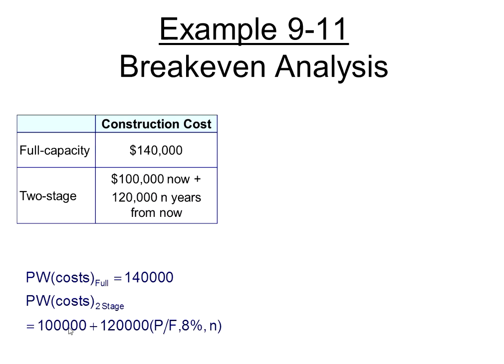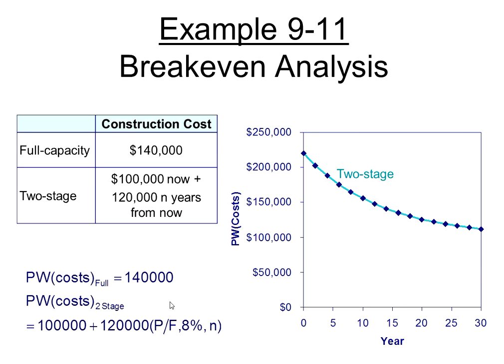This is a future amount, so we want to find its present worth equivalent: P, this is F, so we multiply it by the discount factor (P/F, 8%, N). Then we can solve this equation, right? Equate the present worth of full with the present worth of two-stage, and find for which N we would break even.